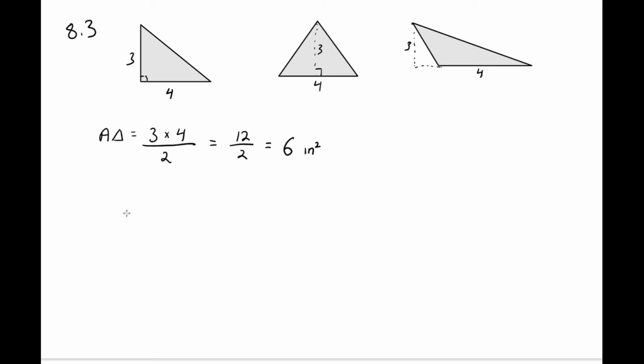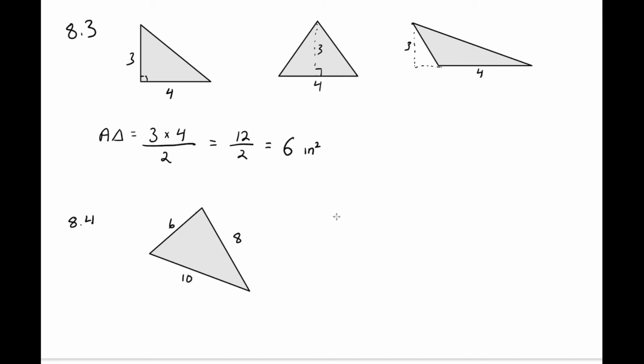Okay. All right, 8.4. We're given a triangle, and it kind of looks like that. And this is 8, this is 6, and this is 10.